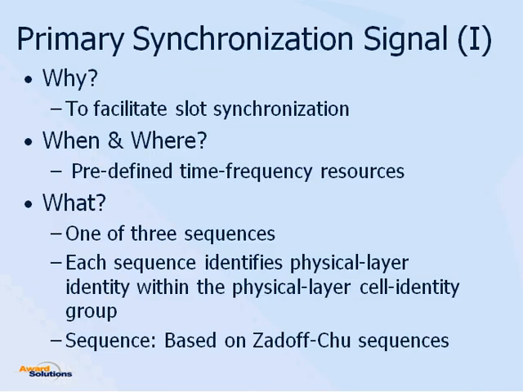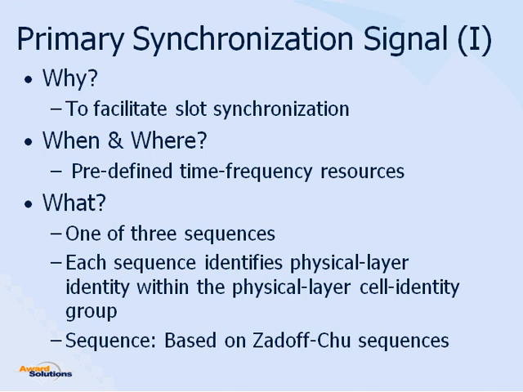So now we know how to identify a cell. We need to detect the group number, and we need to detect the cell number within that group. Now, who will help us identify the cell number and the group number? The synchronization signal.